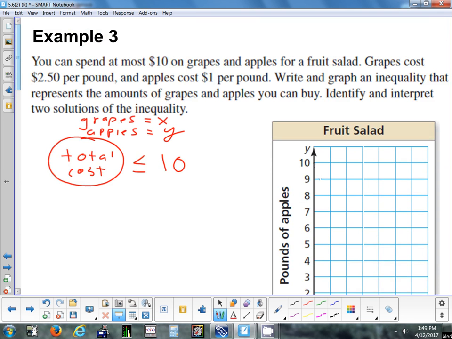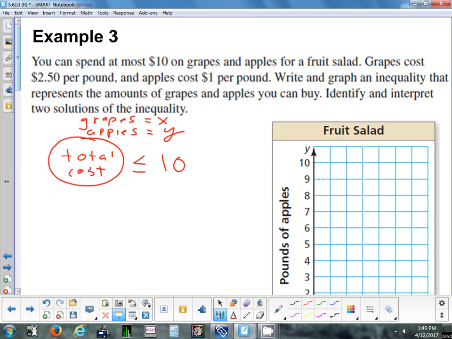All right. So it says that we're going to buy grapes, which are $2.50 a pound, and we're going to buy X pounds. So what would you do with the $2.50 and the X to find out how much you spend on grapes? You would multiply, right?